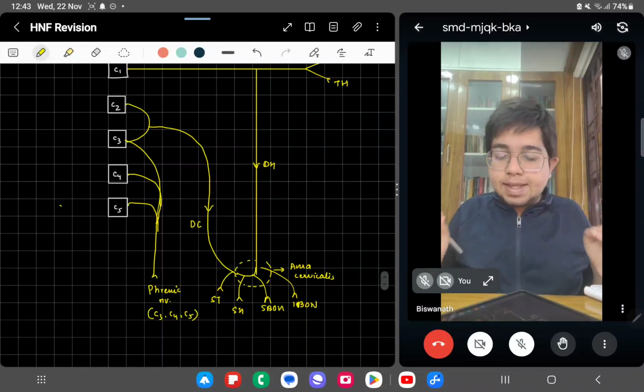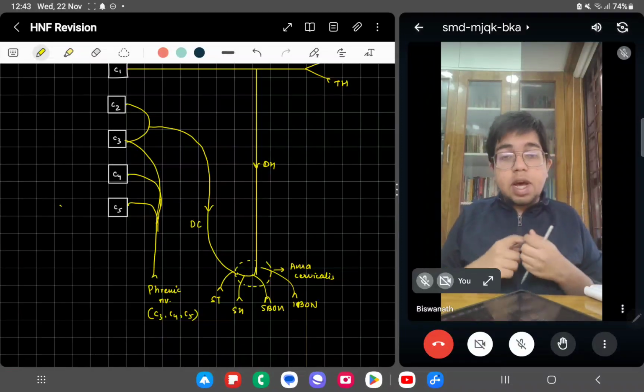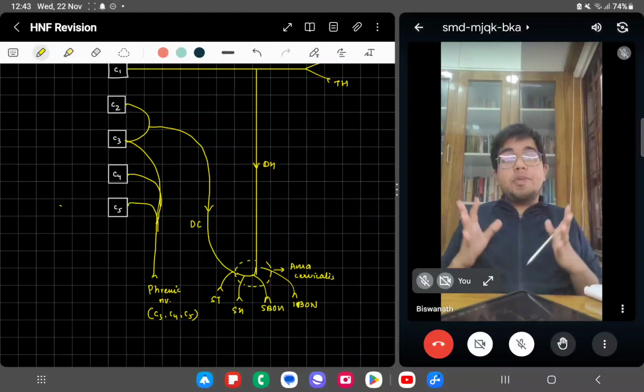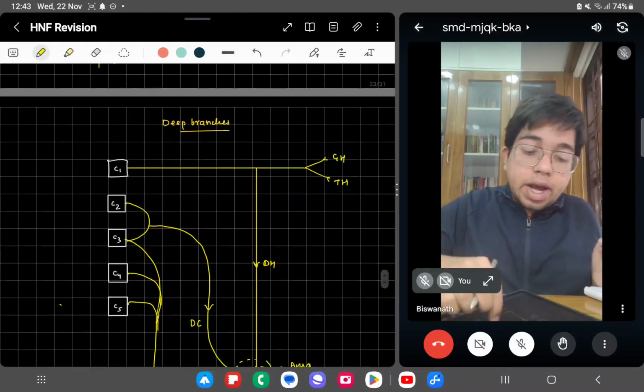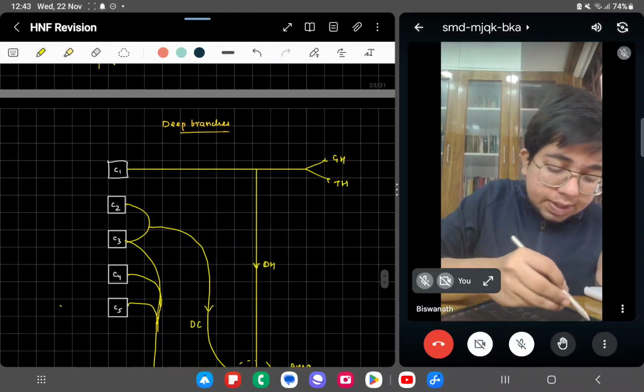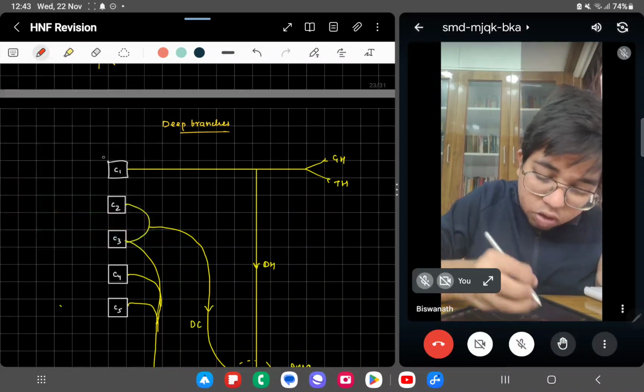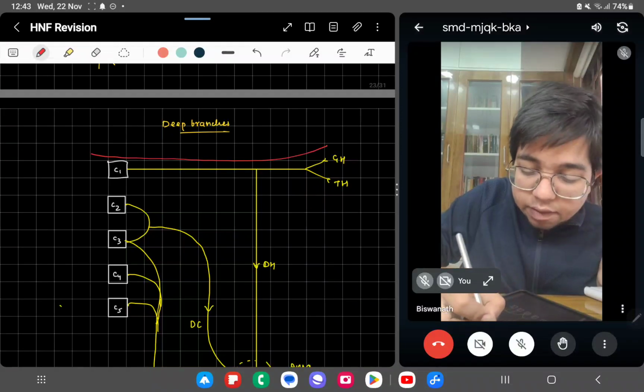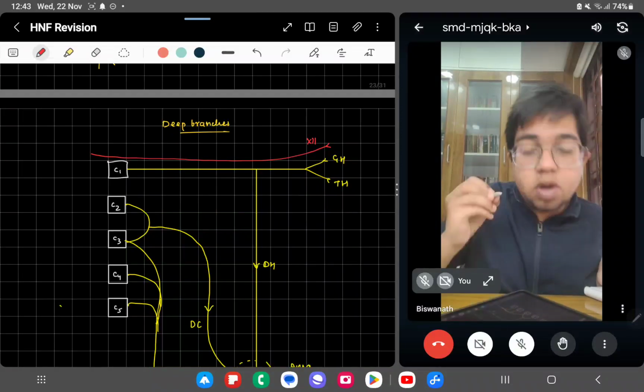Talking about this nerve, it goes with the 12th nerve. The 12th nerve is lying parallel to this.